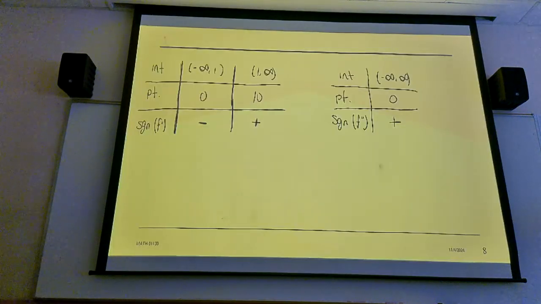Now for the interpretations. Increasing whenever the first derivative is positive. So we're increasing on the interval 1 to infinity.